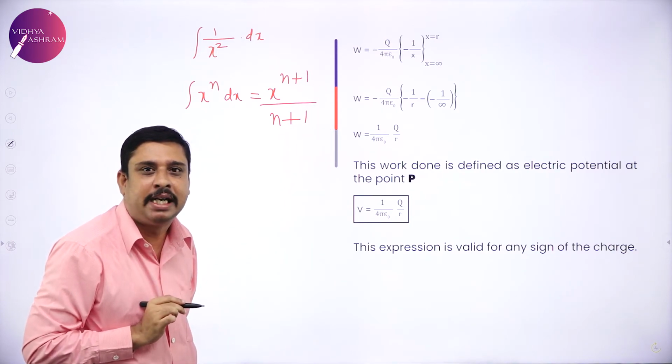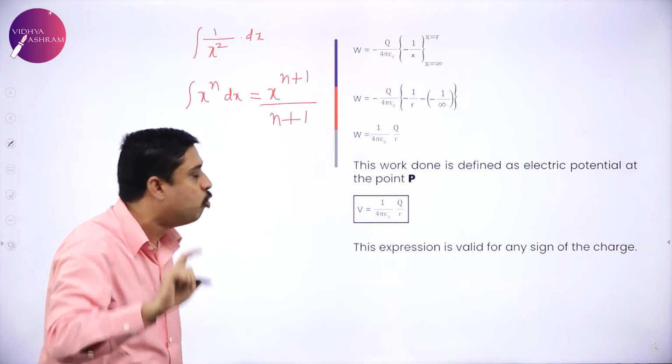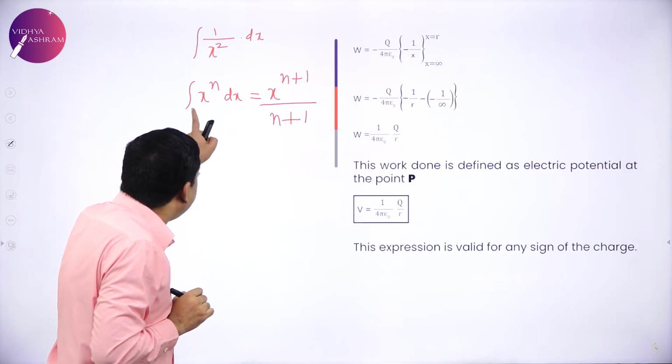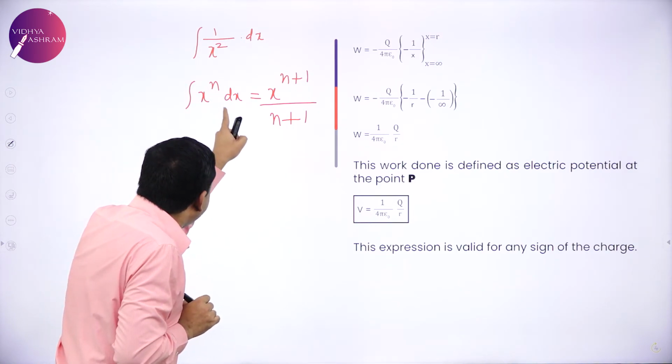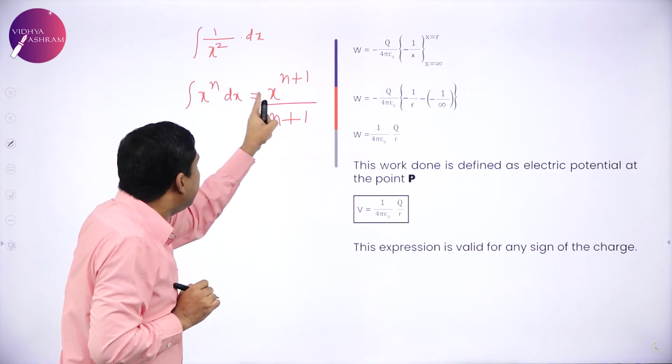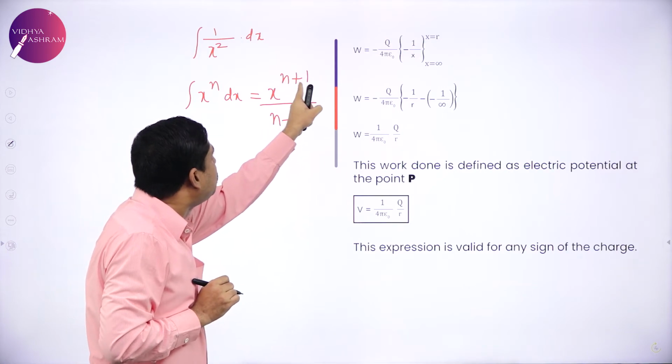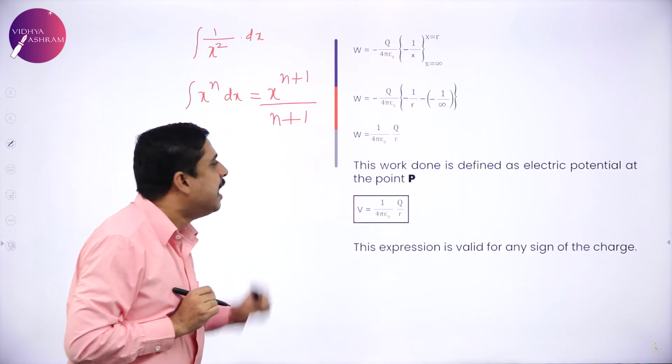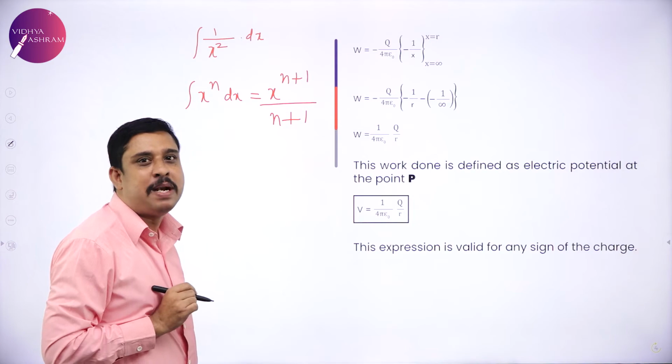Your teachers will teach you in math. Just now know integral x to the power n dx is always equal to x power n plus 1 divided by n plus 1.